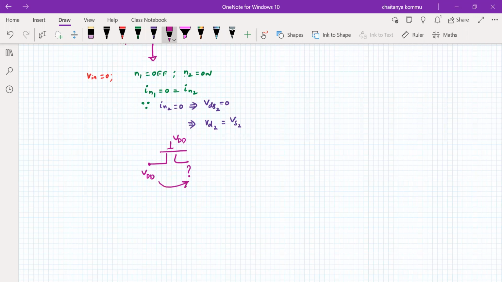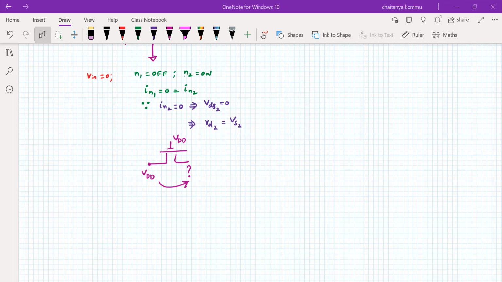In order to check that, it is very important to know whether this VDD is going to this side or not.